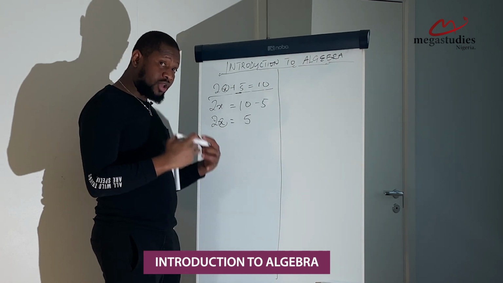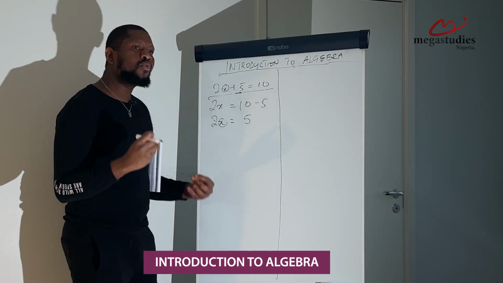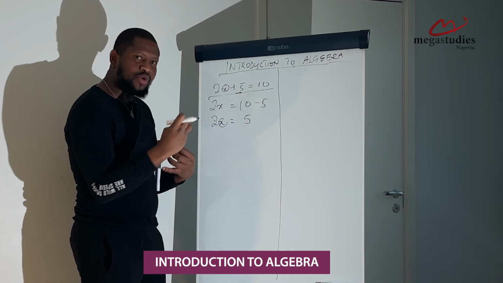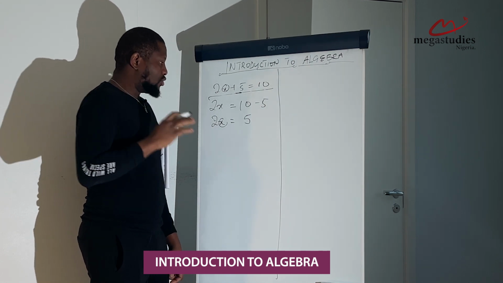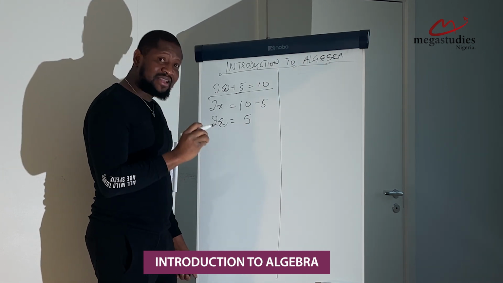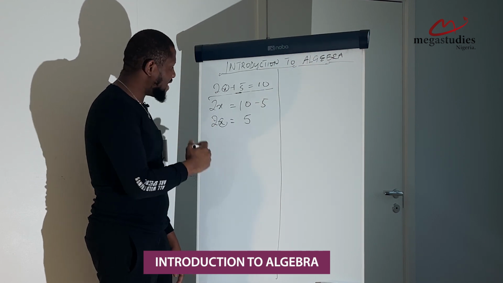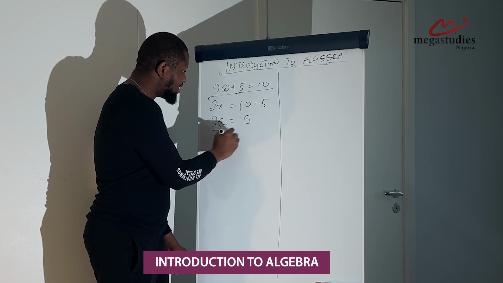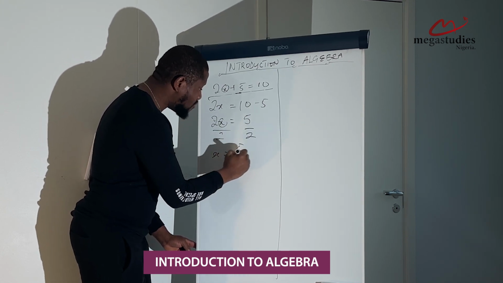Because we are looking for the value of x, what we do is look for what value is attached to x. The value that is attached to x is 2, such that you have to divide both sides by 2 for us to have the value of x. Divide this side by 2, divide this side by 2. Automatically, x will be equal to 5/2.